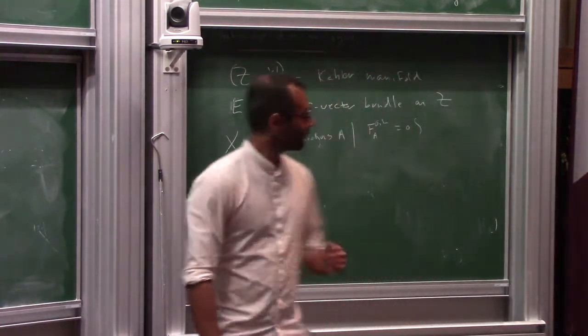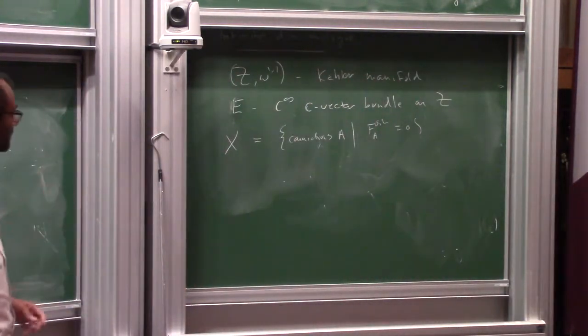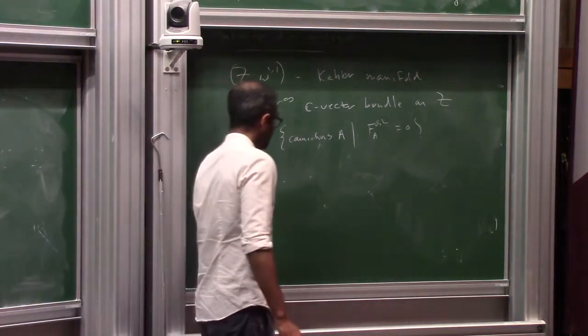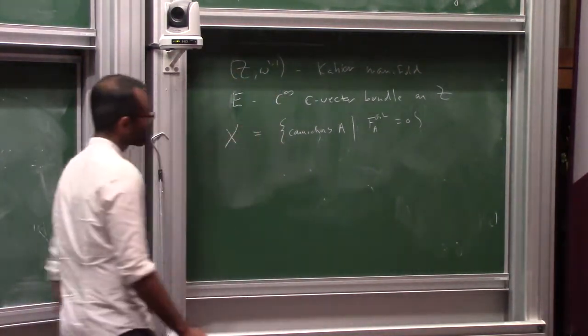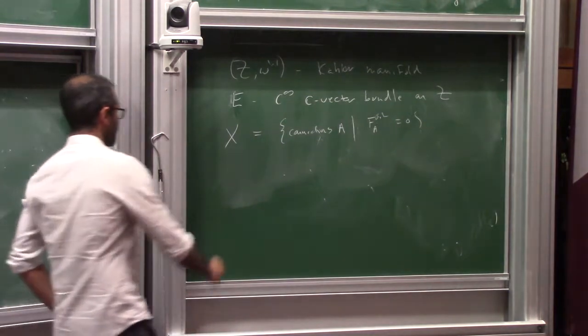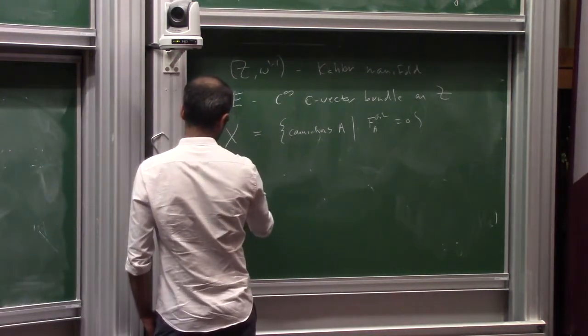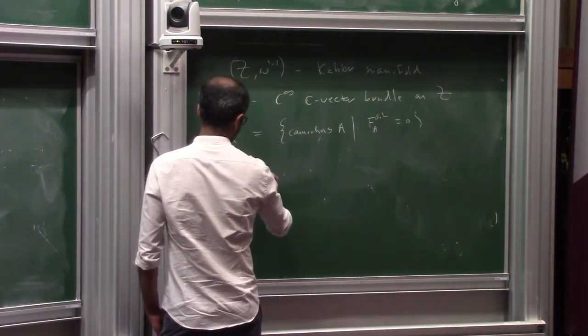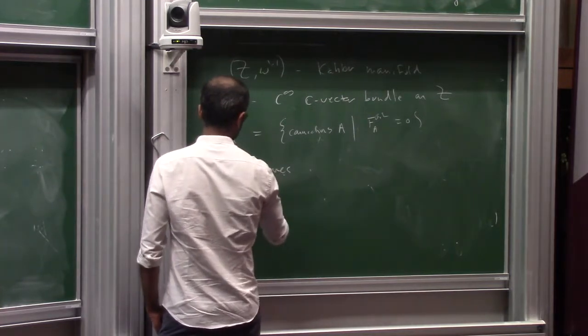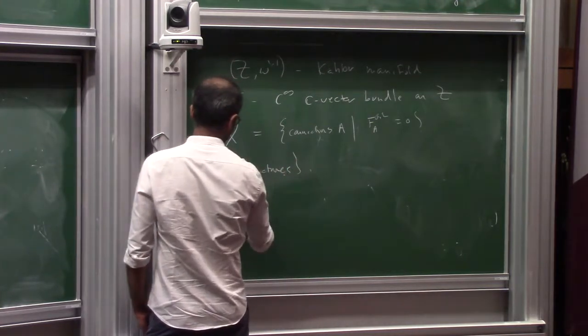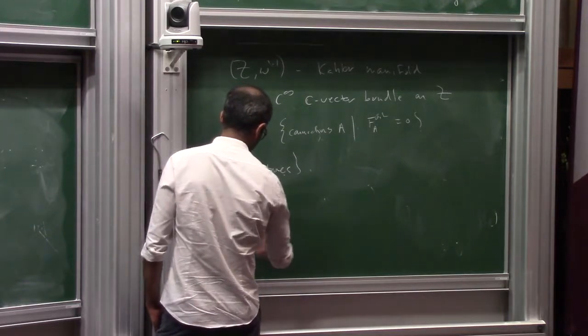I have a 1-1 form and I take the curvature, which should be with a Kähler metric. And now you can identify the space of holomorphic structures on E with X modulo G, where G is the gauge group.